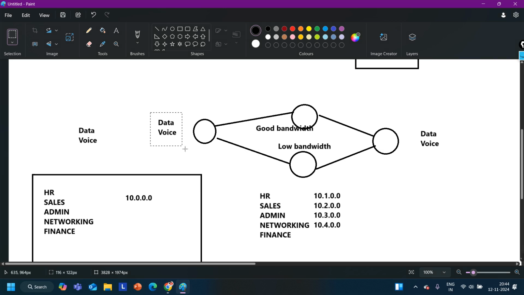I am saying if there are two types of traffic, then we have to separate both at layer 3. Then we can configure one path for one type of traffic and another path for another type. But if both types of traffic belong to the same subnet, same network, then we cannot configure a specific path. We have to configure one path for both.